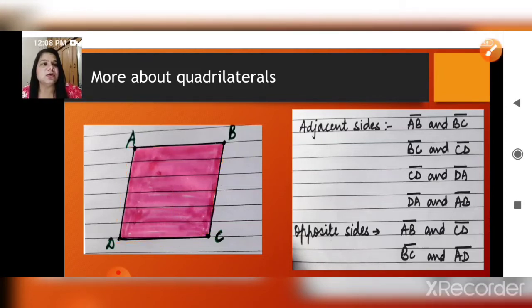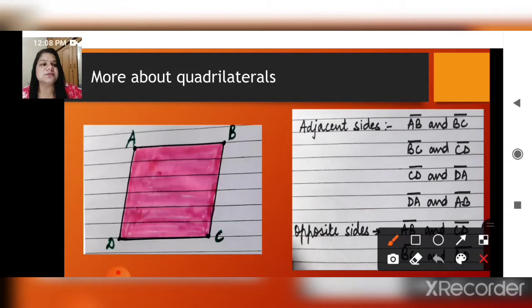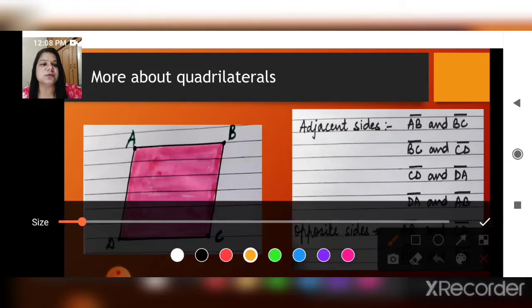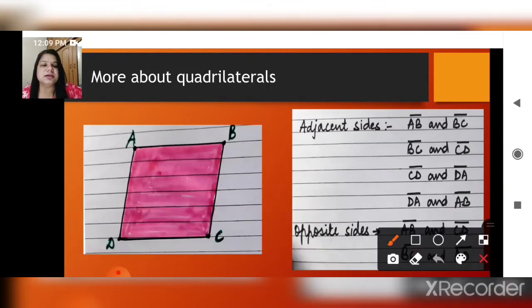Okay. Now the next pair of opposite sides: if I need to find the opposite side of BC, it should not touch BC at any point. So that is the side AD. So BC and AD are the two opposite sides.